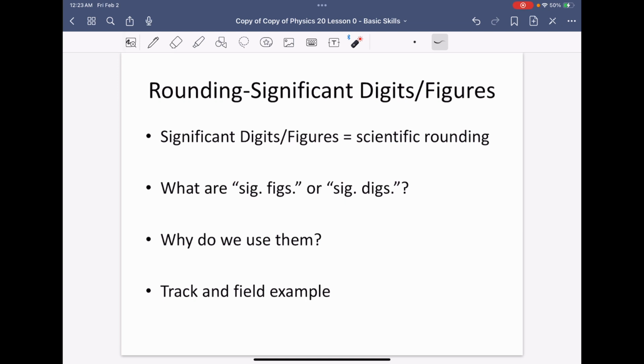So a prime example might be, we're doing something involving acceleration or something involving a speed, and rather than having this infinite decimal place where it's an irrational number, we may say, let's round it to a number like, for example, 2.13 or something like 6.26.